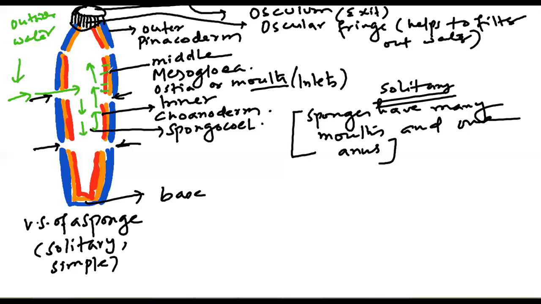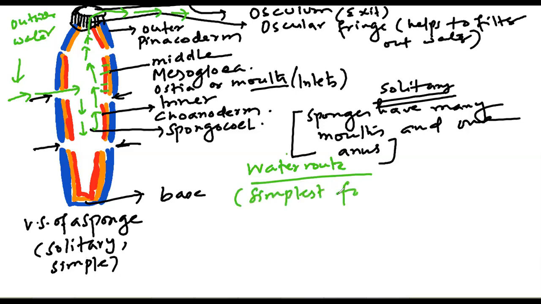They will check the water, take whatever food and oxygen is there, and throw out whatever waste there is, and ultimately this water will pass out of the body via osculum. That is the water route. This canal system which you are seeing is the simplest form, the Ascon type canal system.